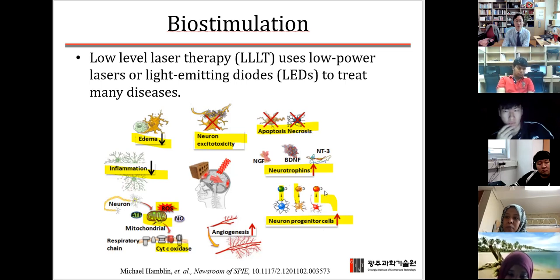Giving the laser, or giving the LLLT, can promote angiogenesis, which means the growth of the blood vessels.